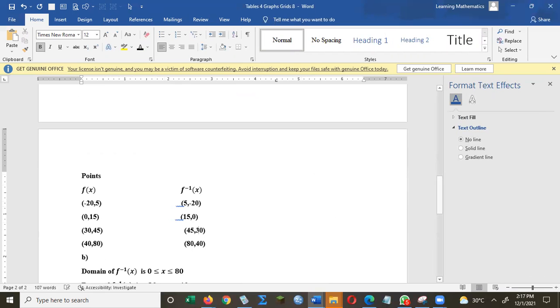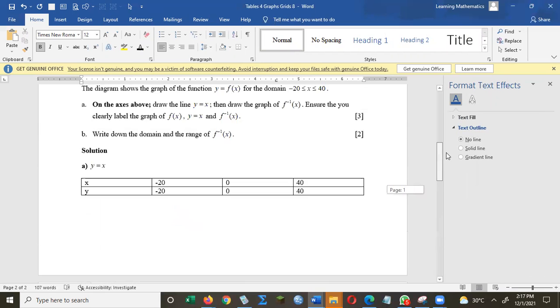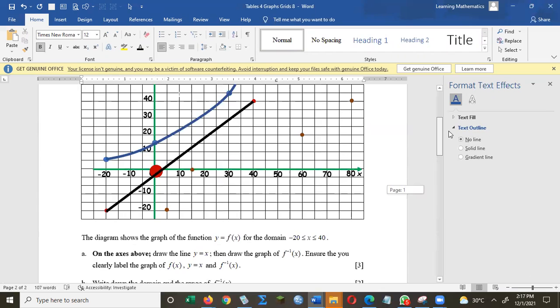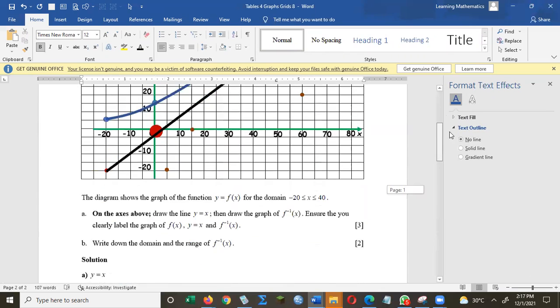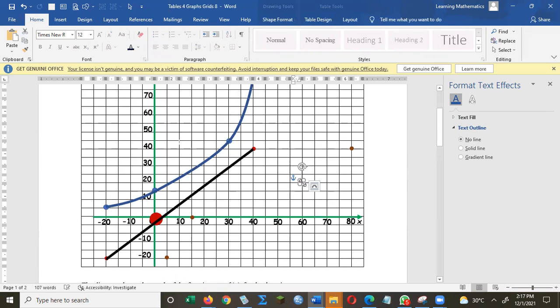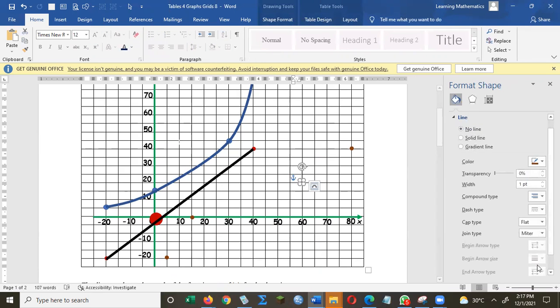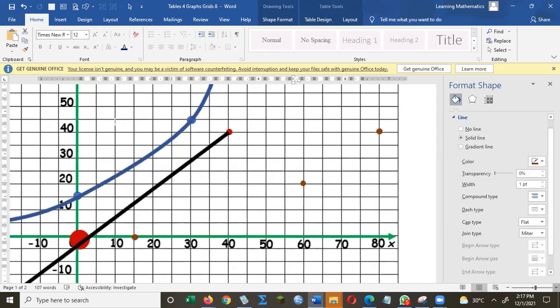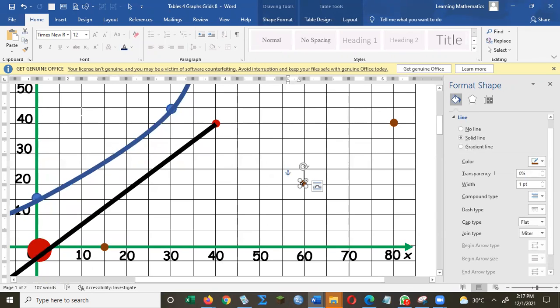And then we plot 45, 30. Where is 45? Look, 45 there. 45, 30. We're going to plot 45, 30 right there. And you see it across the mirror line, opposite the mirror line, is a reflection.